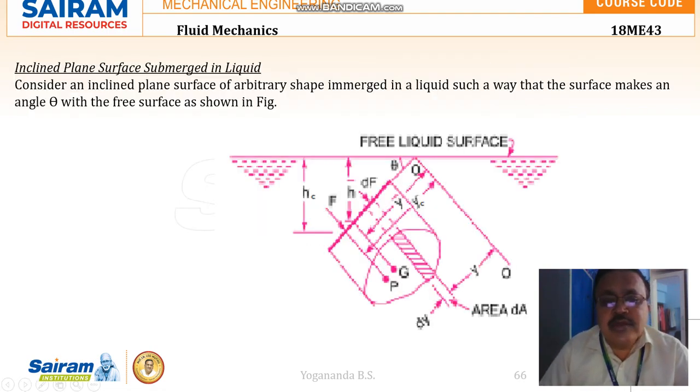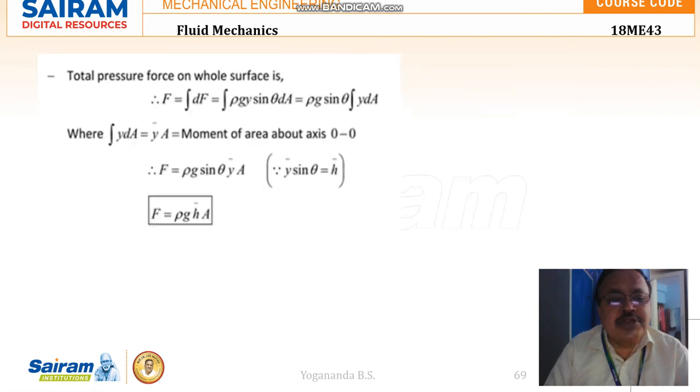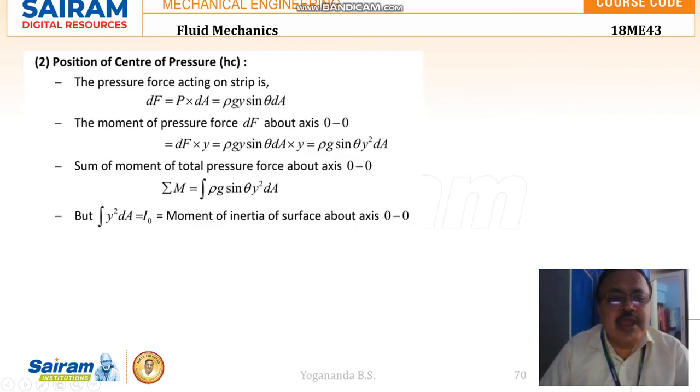The pressure force is acting through the center of gravity of the strip at a distance of y from the axis OO. Force into distance gives the moment, so dF into y, and y into y becomes y square dA.